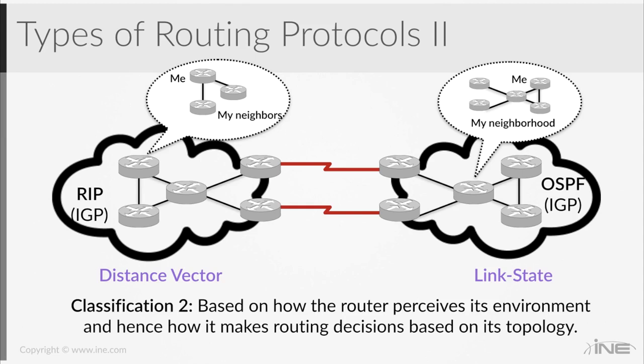So it's able to make more sophisticated computations, faster and more efficient decisions than a distance vector routing protocol, which is the reason why very few people nowadays use RIP or a distance vector routing protocol such as IGRP, for example. Very few people will do that, and best practice is to use link state.